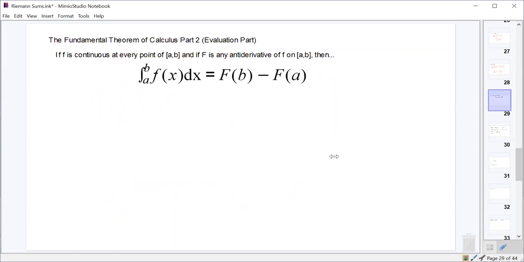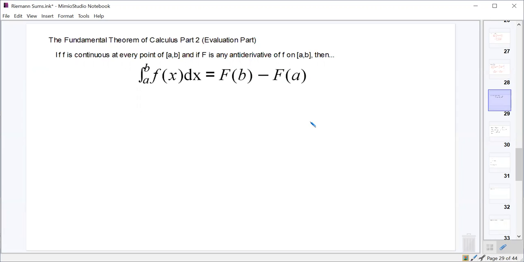All right, and then we've already been using this, but the second part of the fundamental theorem of calculus is just the evaluation part, that if we have an integral from a to b of a function, it's just the integral of the function evaluated at b minus the integral of the function evaluated at a. So we've done that a bunch already at the beginning of this, and we did that with our average value one.